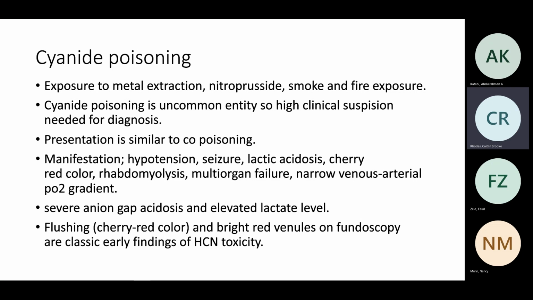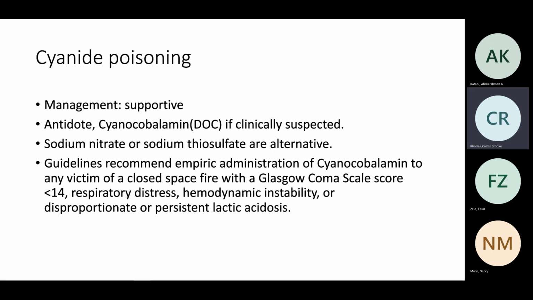That's why the gradient between venous and arterial is very close. Rhabdo, multi-organ failure, severe anion gap metabolic acidosis and elevated lactate. Cherry red retinal veins on fundoscopy are a classic early finding of cyanide toxicity.